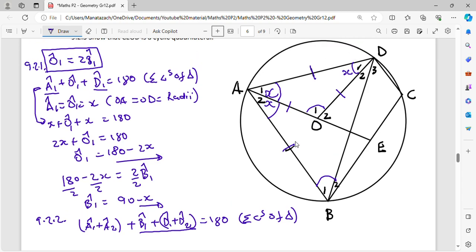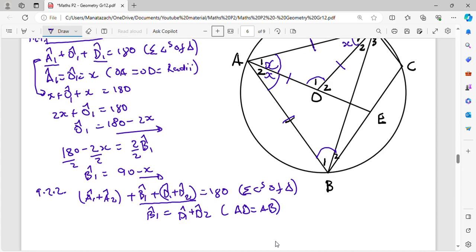So let's say angle B1 is equal to D1 plus D2. What's the reason? Because we're given that AD is equal to AB, right? Remember, we've established that B1 is equal to 90 minus x. That means D1 plus D2 is also equal to 90 minus x.